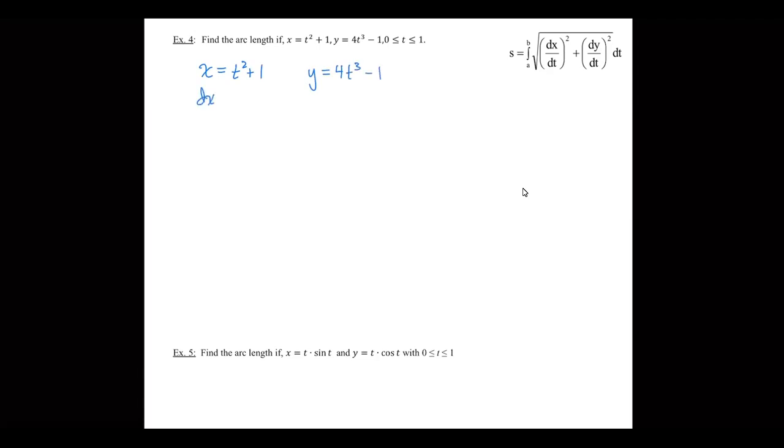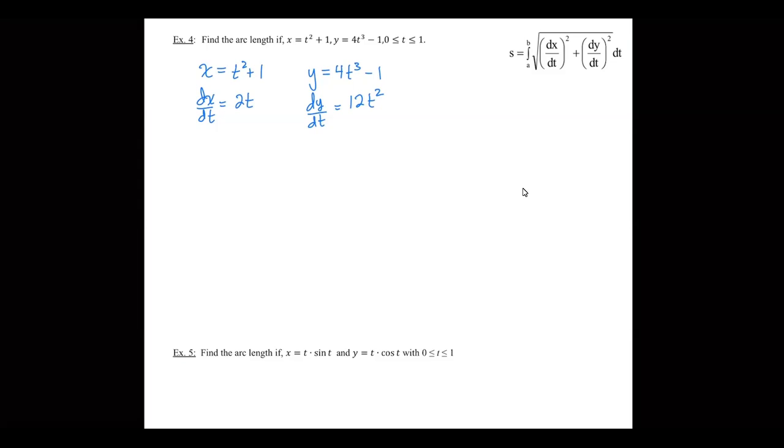So we have dx/dt is equal to 2t, dy/dt is equal to 12t squared. All right. So those are the values that are going to go into my integral formula.